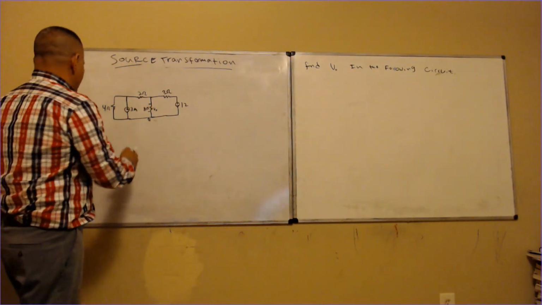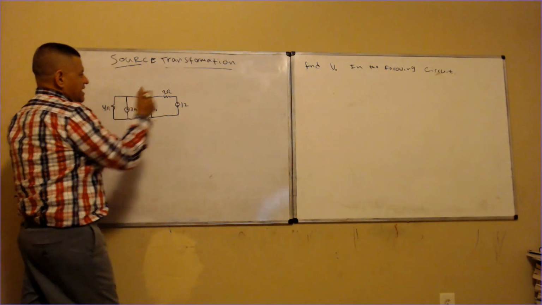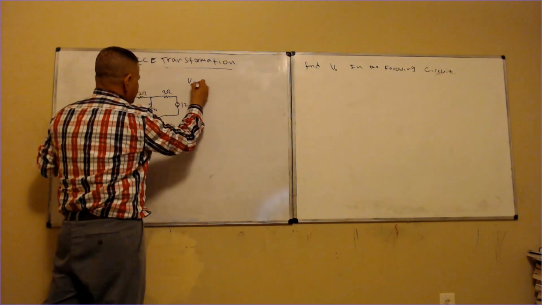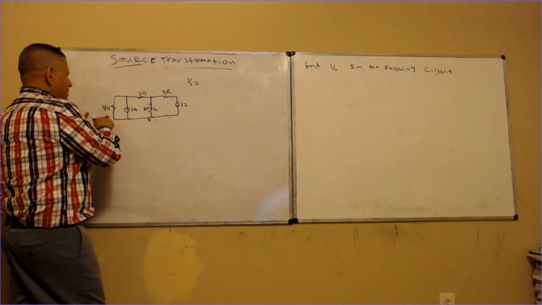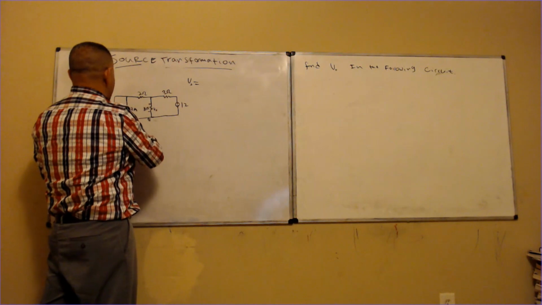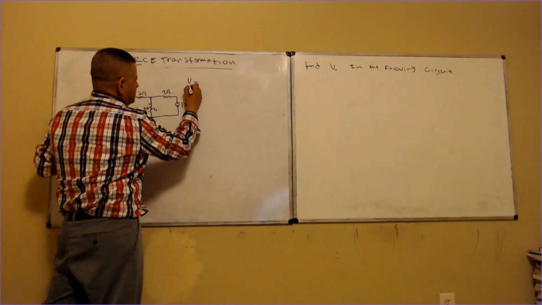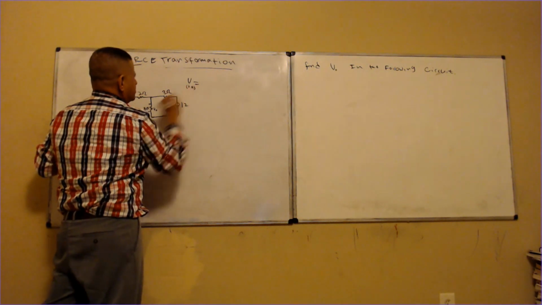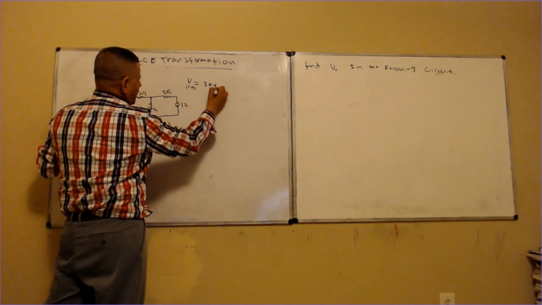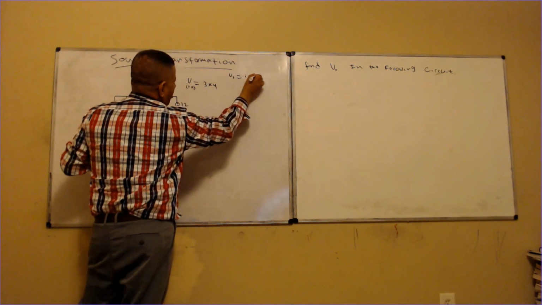So I can say the Vs, the voltage source at 4 ohms, you can label this Vs at 4 ohms, is equal to 3 times 4, because Vs is equal to IR.